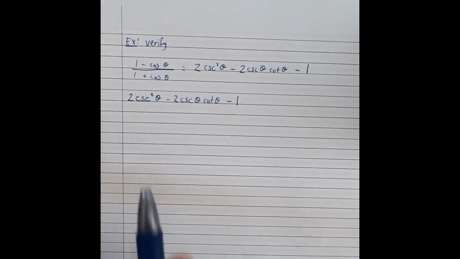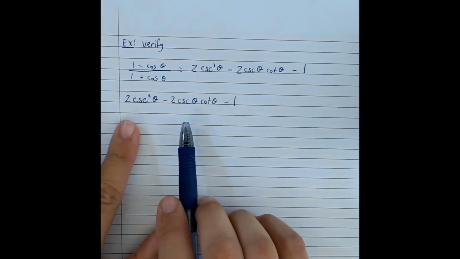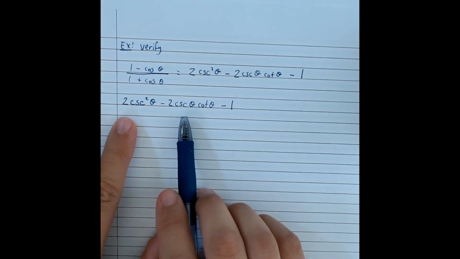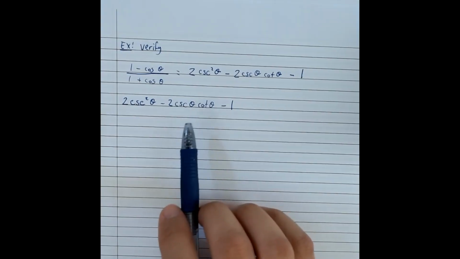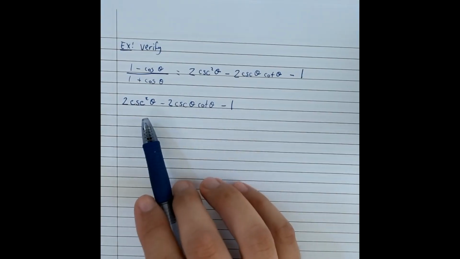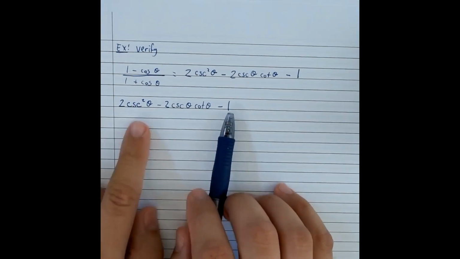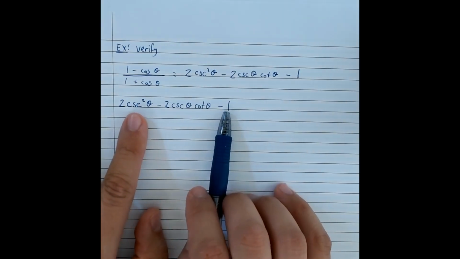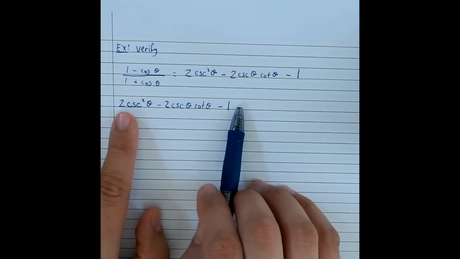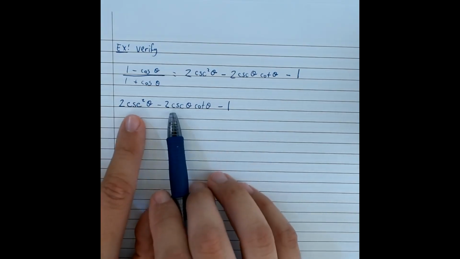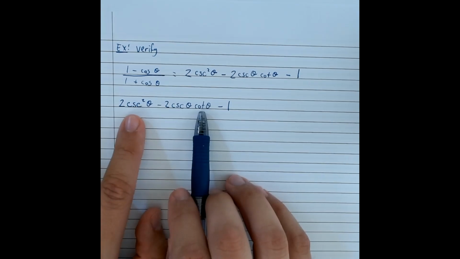Now, in this case, I note that I don't really have a nice place to start. The reciprocal identities, the quotient identities, the Pythagorean identities, none of them immediately jump out at me. Here that almost looks like a Pythagorean identity, but not quite. So sometimes the reason that it looks unfamiliar or complicated is because you have too many trig functions around.